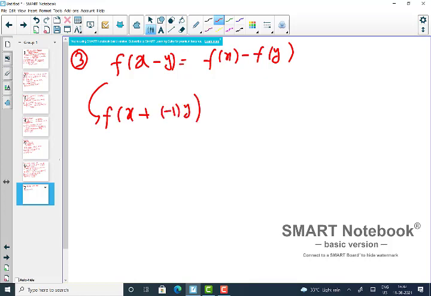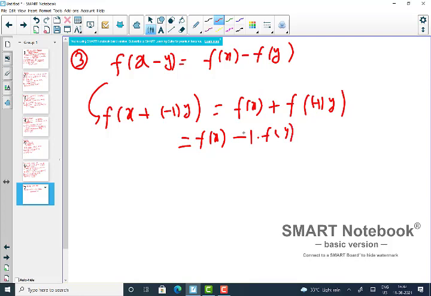The first step, property 1, gives f of x plus f of minus 1 times y, and then property 2 gives f of x plus minus 1 times f of y. So f of x minus f of y.